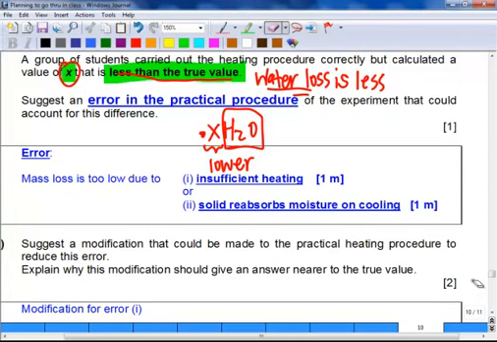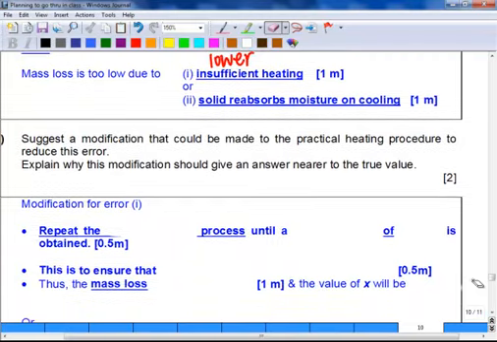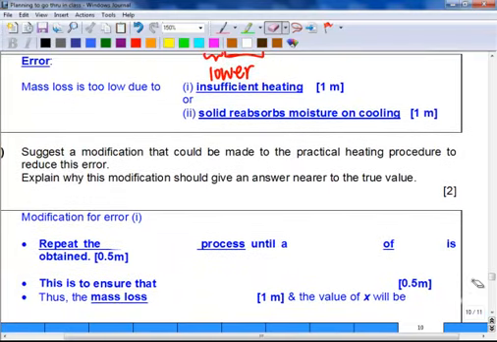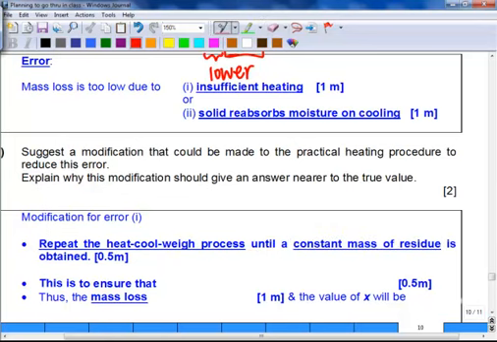Modification for insufficient heating. Remember the process for thermal decomposition? We always repeat the heat-cool-weigh process. Repeat the heat-cool-weigh process until you have a constant mass of residue obtained. Residue means simply whatever is left inside the crucible.